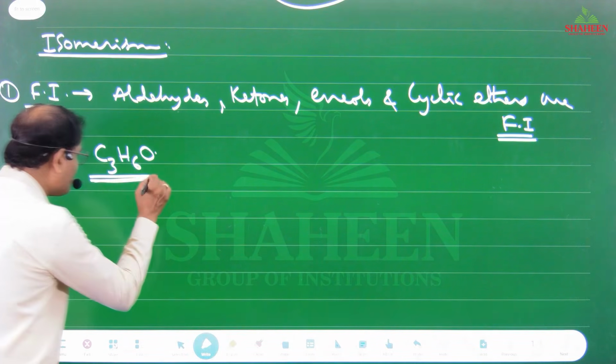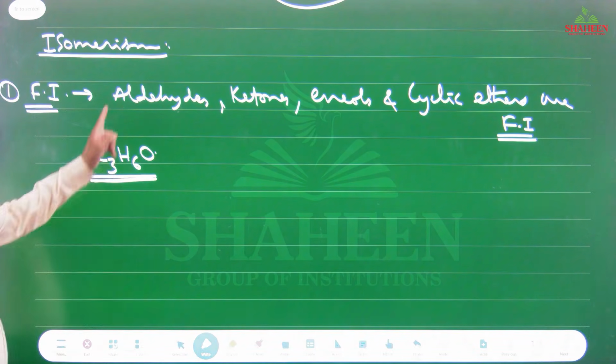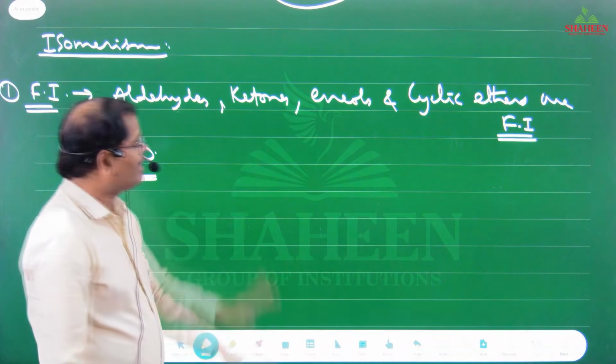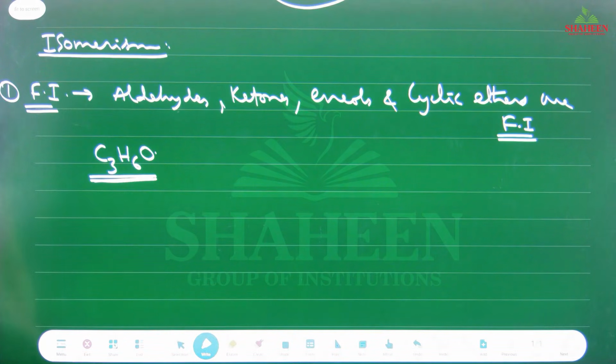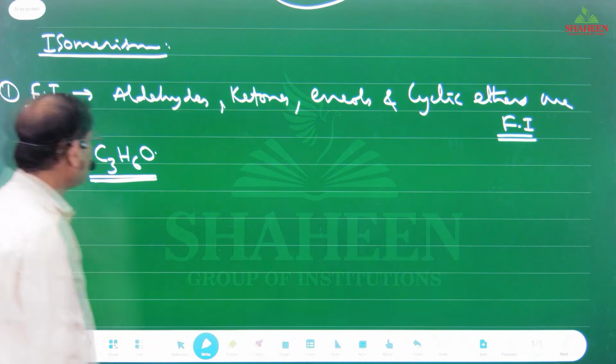If this formula is given, for this formula we can write aldehyde, ketone, enol and cyclic ether. Different compounds with the same molecular formula are treated as isomers. When they differ by functional group, they are treated as functional isomers.